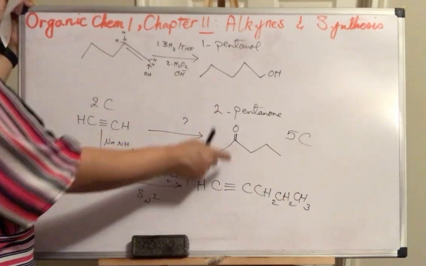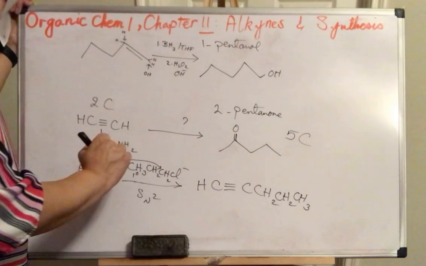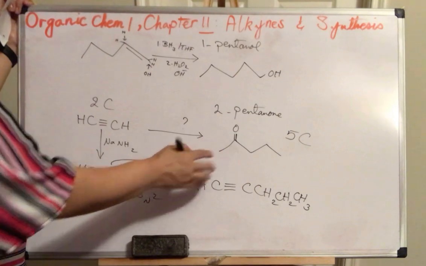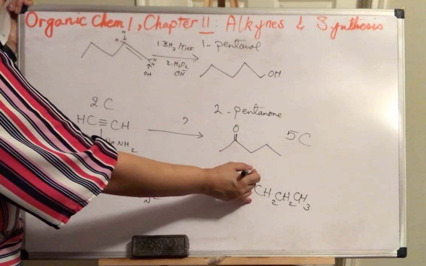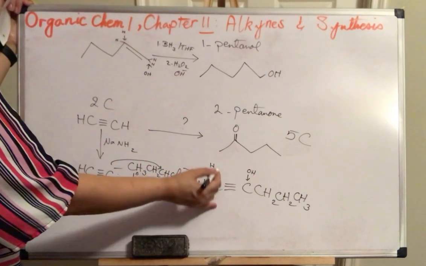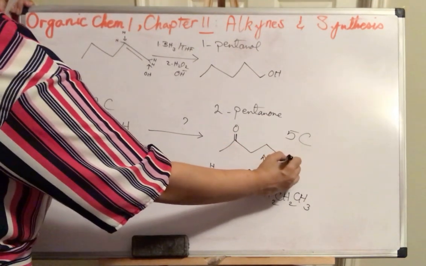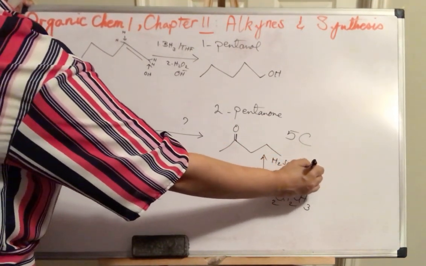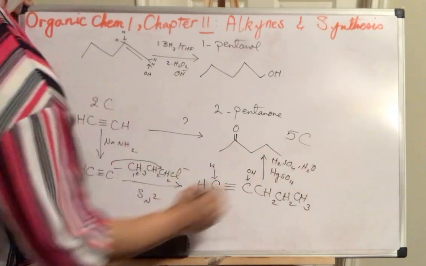The difference between these two is you have a ketone here, but you have an alkyne. If you want to have O here, means you need to have an OH here and H here. Hydrogen-rich carbon gets the hydrogen, so you need to go with H2SO4, H2O, with HgSO4, which is a Markovnikov reaction.